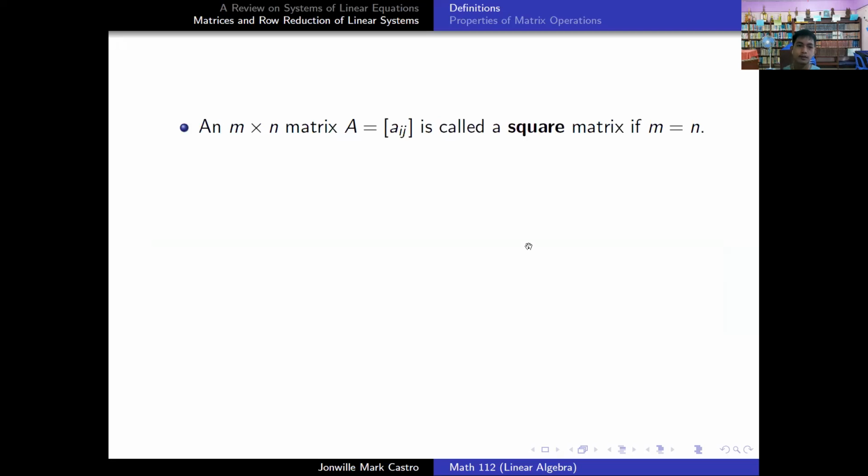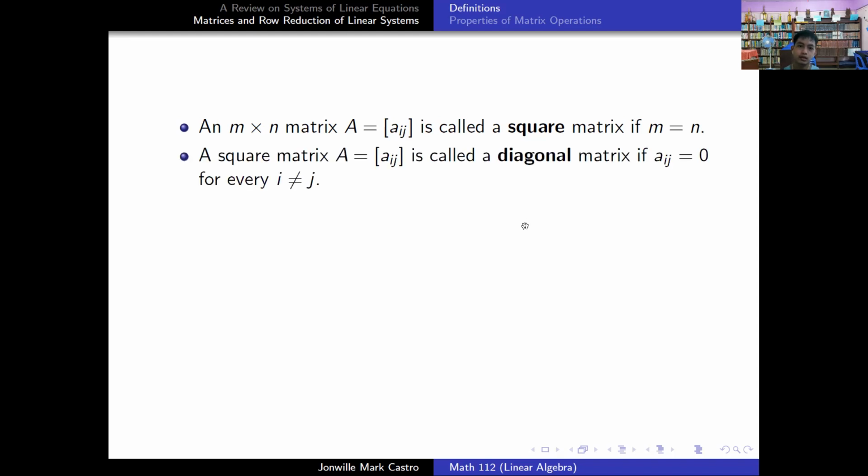More definitions. An m by n matrix is called square matrix if the number of rows is equal to the number of columns. A square matrix is a diagonal matrix if A sub ij equals 0 for every i not equal to j.